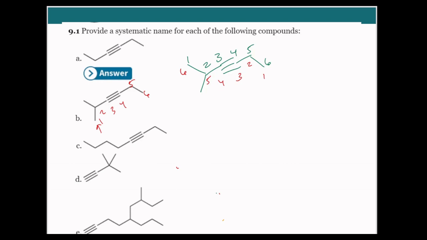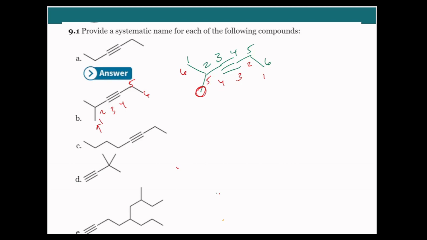So it doesn't matter if I number from left to right or right to left as far as the alkyne is concerned, but if I number from left to right along the green path, I can give my substituent, which in this case is a methyl group, carbon number 2. So I'm going to choose the green path in order to give my alkyne the lowest number, and that's the first priority. That trumps the substituents, but then second to give my substituents the lowest number.